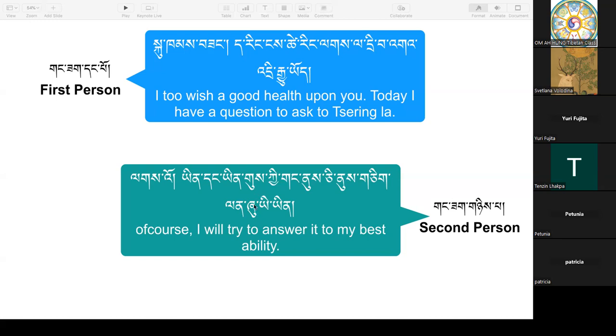So these two words are humilifics, and you can see that these are used when the person speaking is addressing themselves. Normally when we are using verbs such as to eat, to speak, we don't use the honorifics when the person who is speaking is using this. So there are three levels.